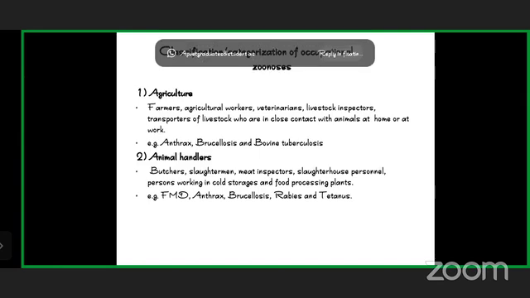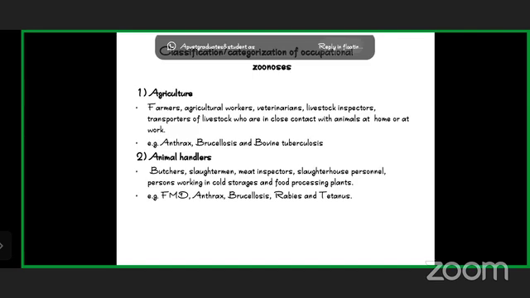That can be seen in a rabid dog. These are the symptoms that we generally see in a rabid dog.